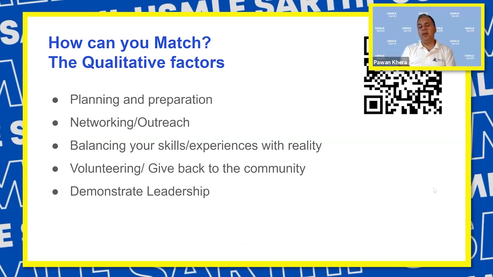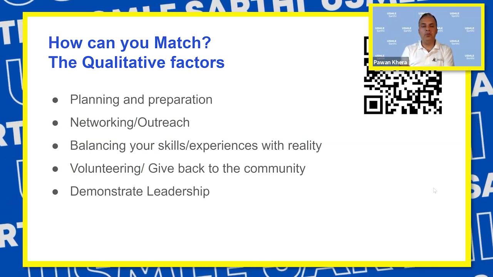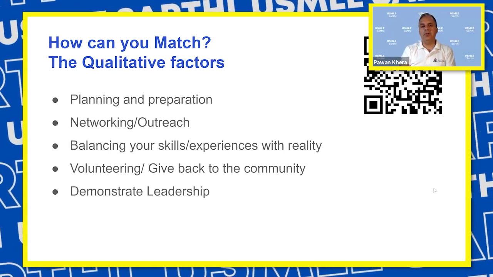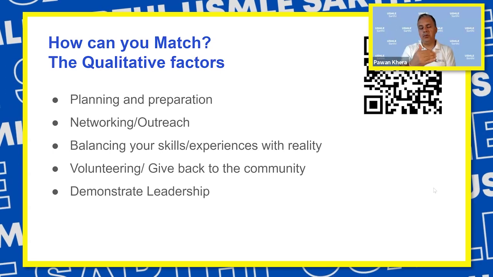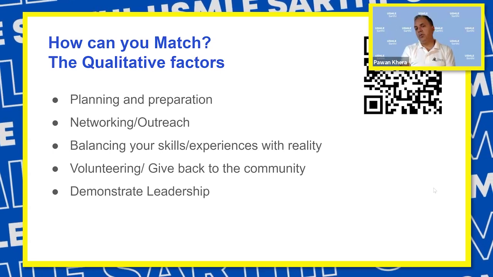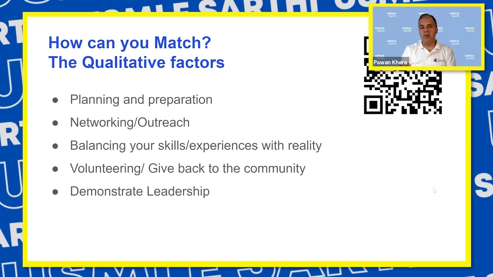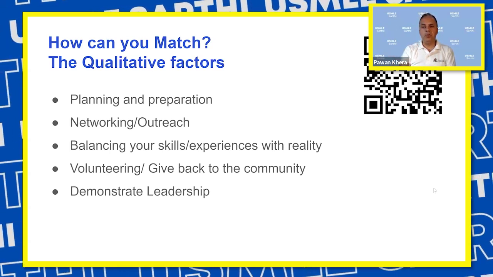One is planning and preparation. In the entire phase of your USMLE, whether it's planning for exams, electives, research, or your application season, that is very critical. You really need to set your own deadlines, and I'll show you some timeline later during this presentation, and we can go over that.